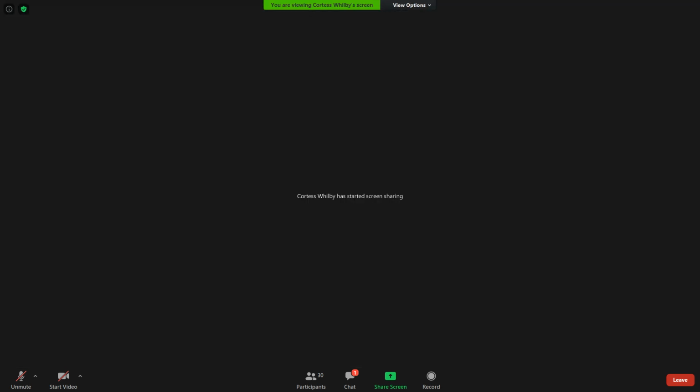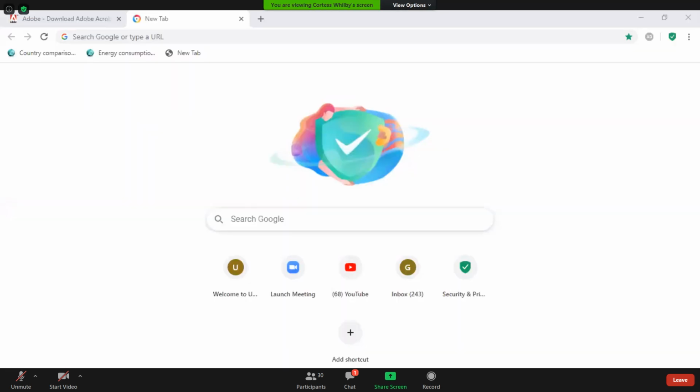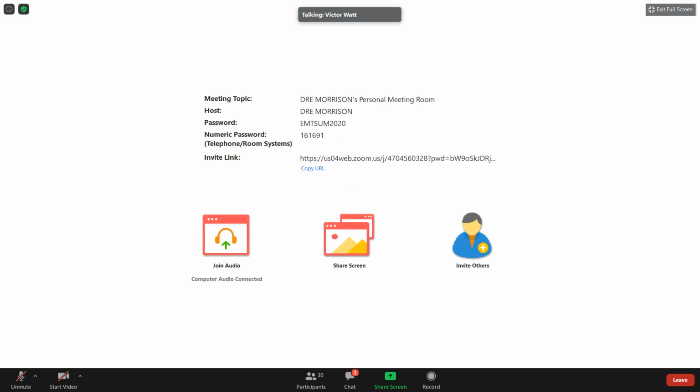On the bottom of your computer screen in Zoom, you're supposed to click share screen.